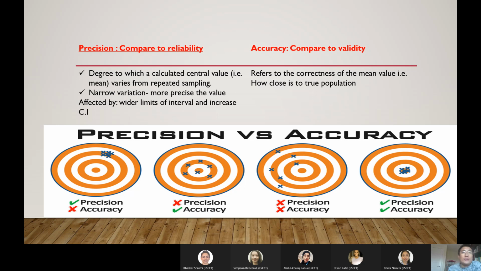So the question might be, reliability measures which of the following options: precision, accuracy, or some three or four options. Which option would you take? Reliability will be precision. Accuracy will be validity. I'm going to go more in depth with reliability in the coming slides.